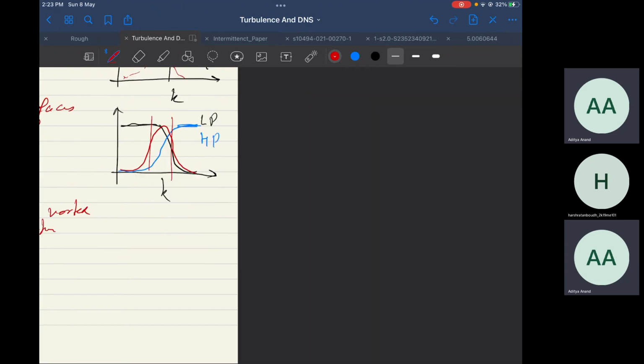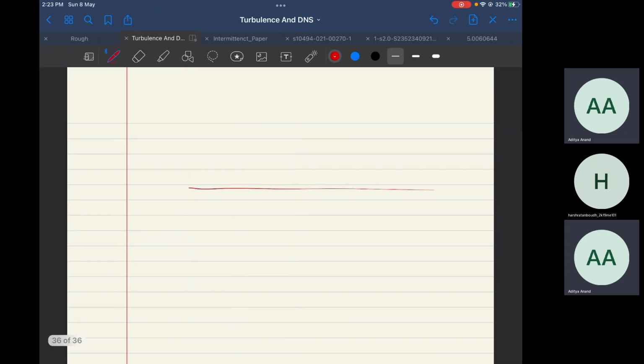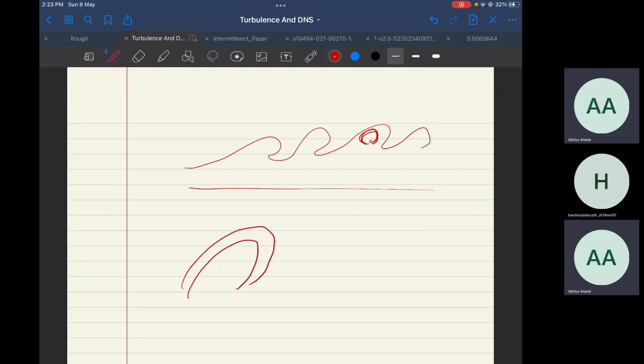So what a horseshoe vortex is: say if you have a boundary layer, you'll see that at the edge of the boundary layer it has a wrinkled surface. There have been studies which have shown that there are vertical motions present there, and they're shaped like a horseshoe. So this is their general shape.